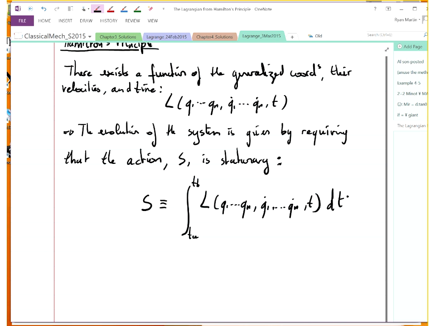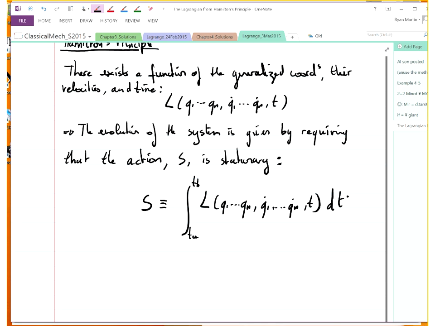So this tells us the evolution of the system between time A and time B is given by requiring that the action, which is the integral of this function L, be stationary. So that is now the fundamental principle.